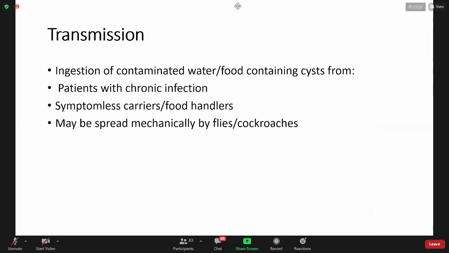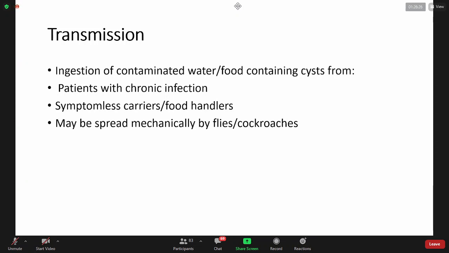Let us look at the transmission of Entamoeba histolytica. Transmission is by ingestion or consumption of contaminated water or food containing cysts, and these cysts usually come from infected patients with a chronic infection.